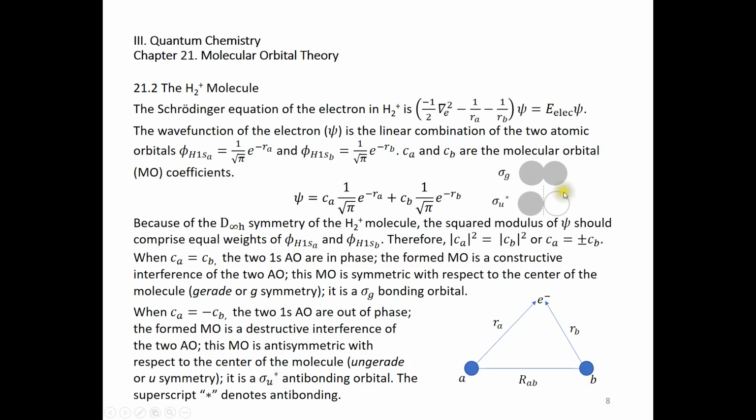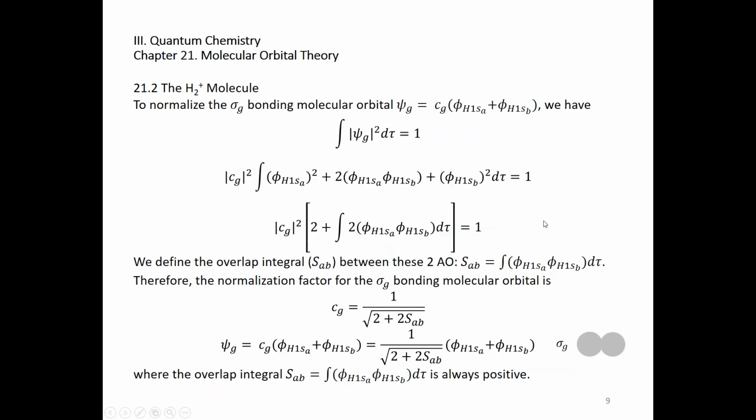Oh, I forgot to show you the shapes of sigma g and sigma u star. Over here we have constructive interference between the two atomic orbitals. And over here we have destructive interference between the two atomic orbitals that are out of phase. So in the middle, we have a nodal surface.